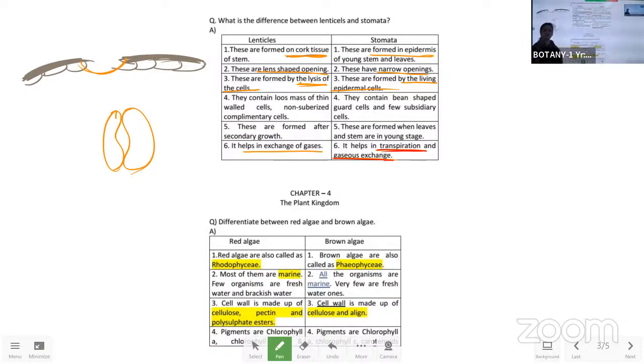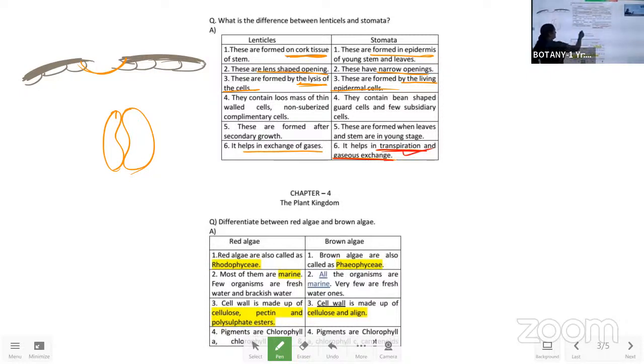That is exchange of the gases, as well as the release of the extra water molecule that are present in the plant body in the form of the water vapor is called as the transpiration. So that occurs through the stomatal apparatus. That's the most important one, what we need to mention over there.